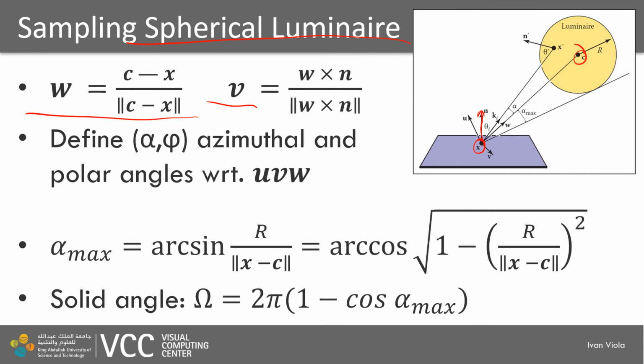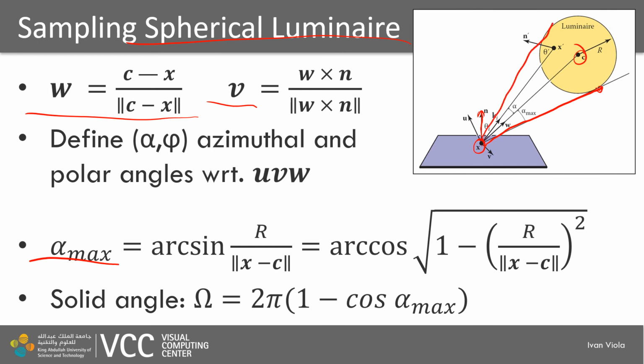And then we are interested in sampling this spherical angle, which is spanned by the alpha max, which is here the maximum angle in both directions.